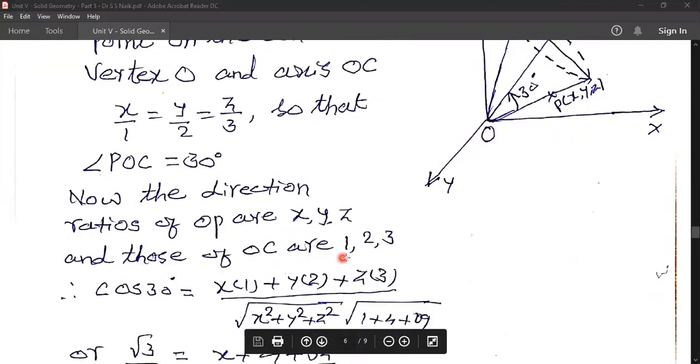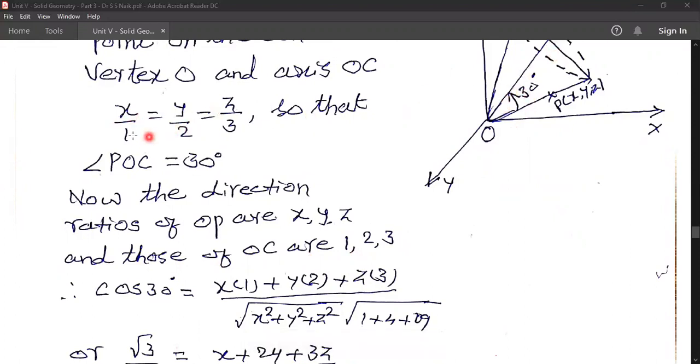And those of OC, which is the axis, the direction ratios are given by the denominators a, b, c, that is 1, 2, 3. Therefore, 1, 2, 3 are the direction ratios of the axis.